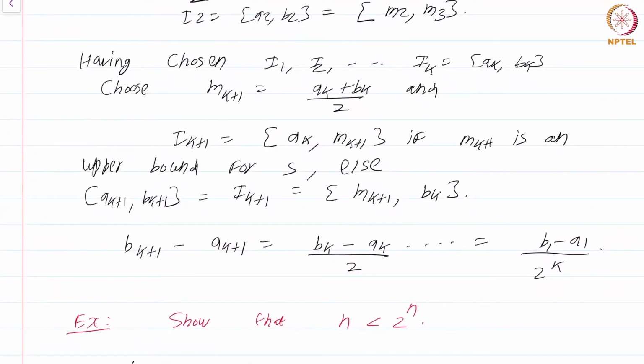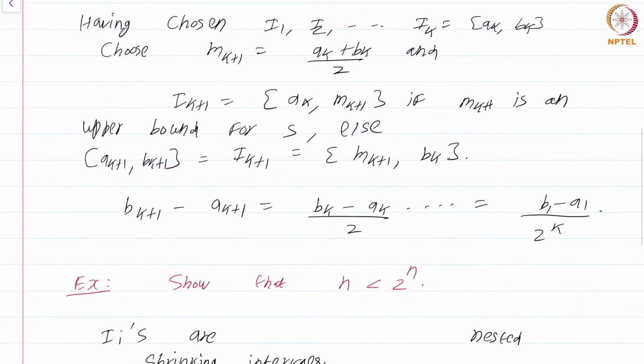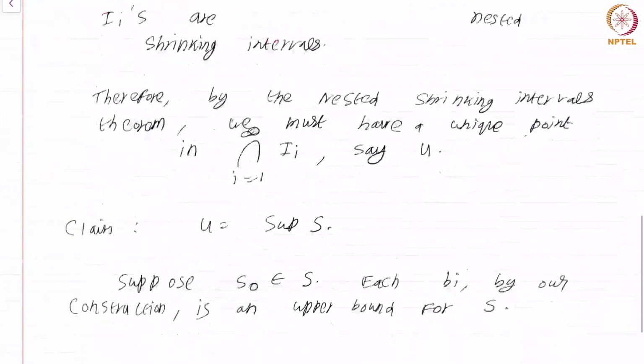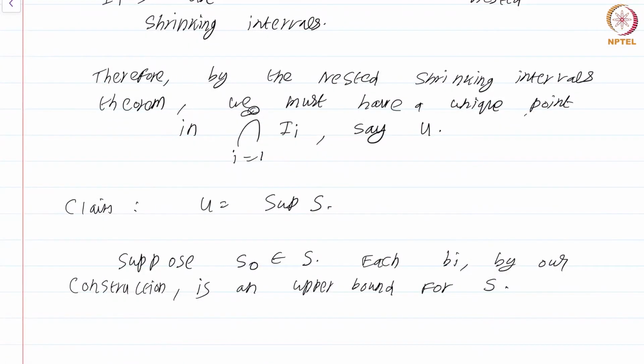We ensured that the right endpoint is always going to be an upper bound of S. At each stage we had two possible choices. We always chose that possibility that ensures that the right hand point of each one of these intervals is always an upper bound. So we have chosen the right endpoint as always an upper bound.